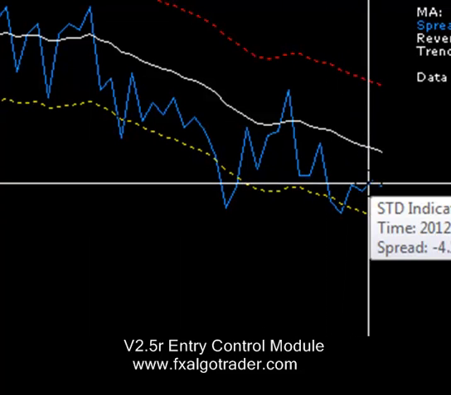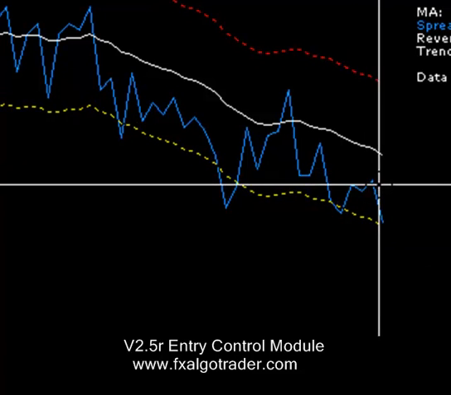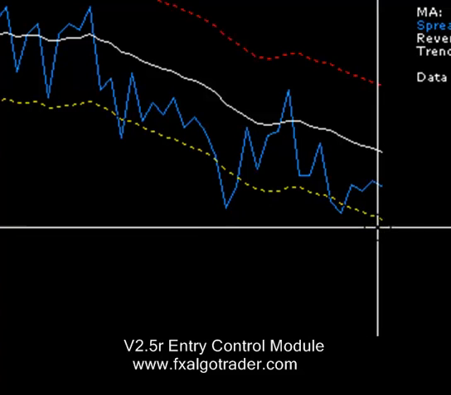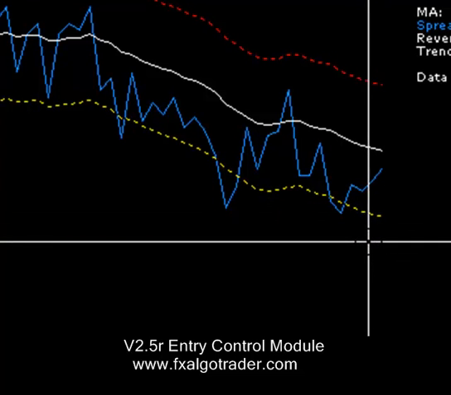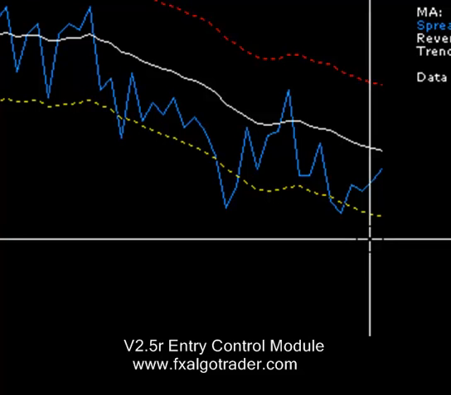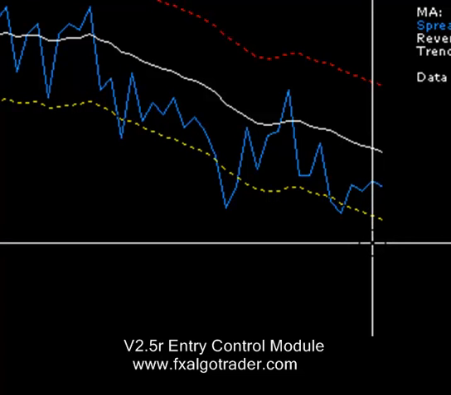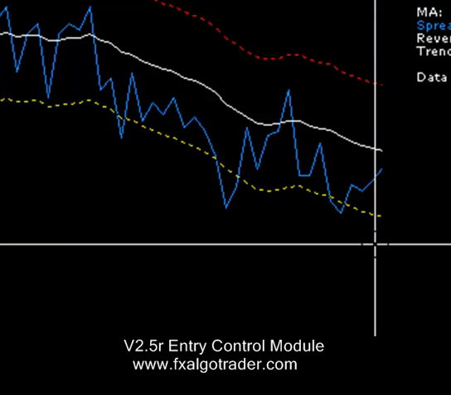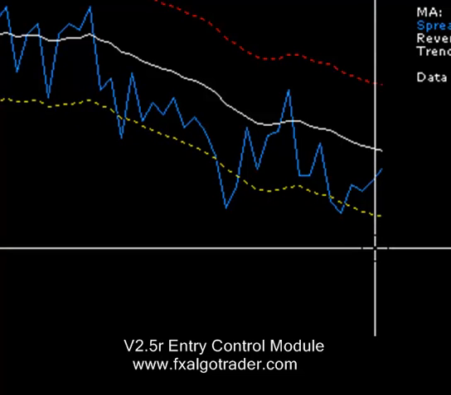So down here we can see that the spread is oscillating around the lower trigger level. Let's assume that the spread actually closed below the lower trigger level, and we're looking at a 5-minute chart period at the moment. So the system would need the spread to stay beneath the lower trigger level for 5 minutes.